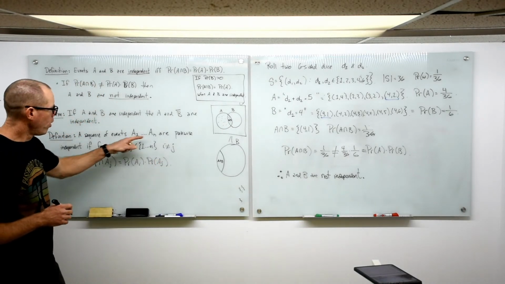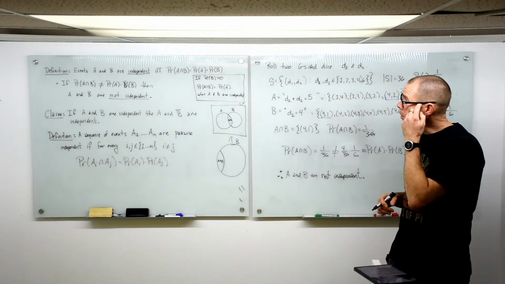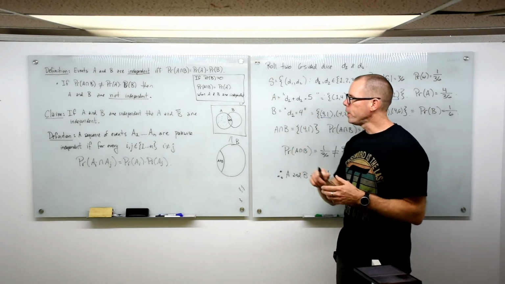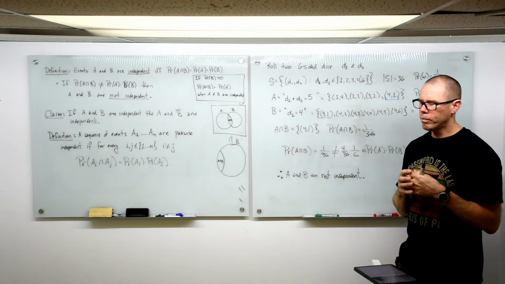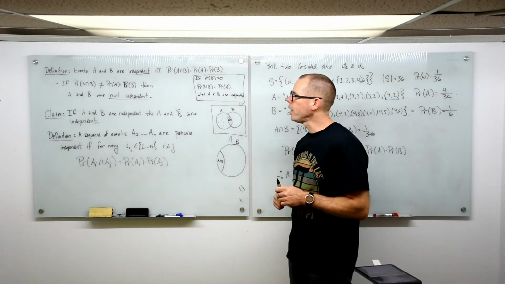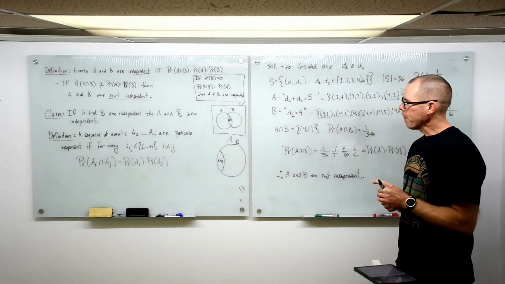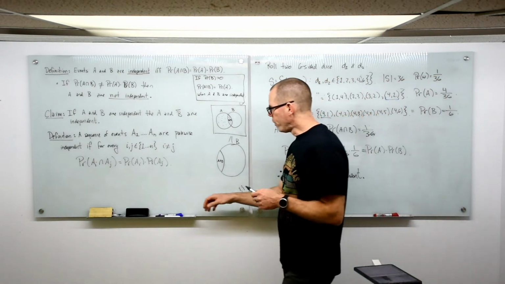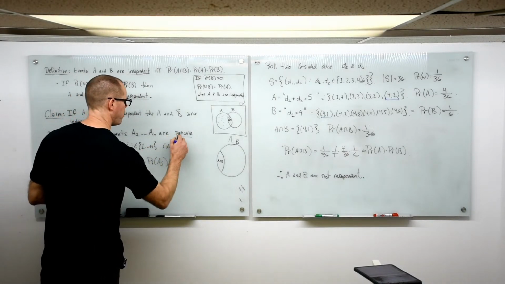So we've defined what it means for two events, A and B, to be independent. That's this definition up here. What if I have a whole bunch of events? What does it mean for that whole collection of events to be independent? These events are A1 through AN. Well, it turns out that there's different definitions of what that could mean. One of them is this, which is called pairwise independence.